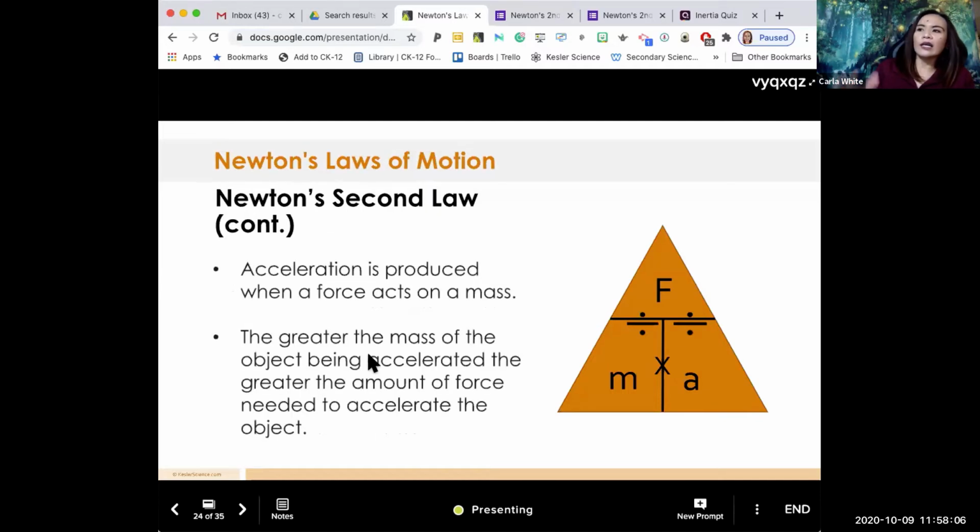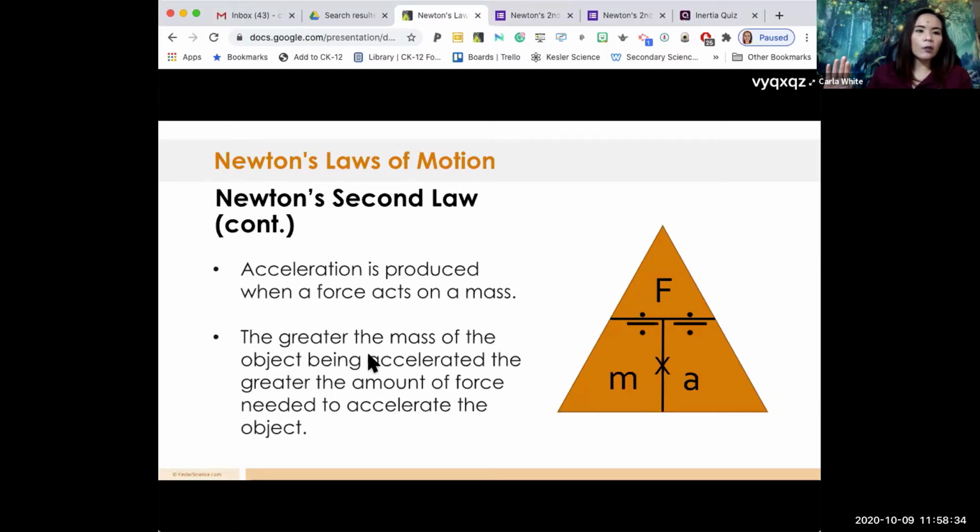So acceleration is normally produced when the force acts on a mass. We already know that. The only time that object will move is when we apply force, right? And the greater the mass of the object being accelerated, the greater the force that you need to use in order for that object to move. So let's say, for example, a grocery cart that's empty, you try to exert a force on a grocery cart.